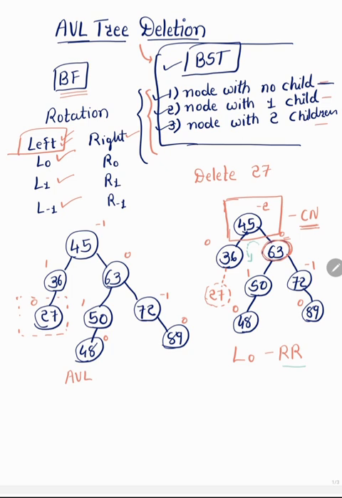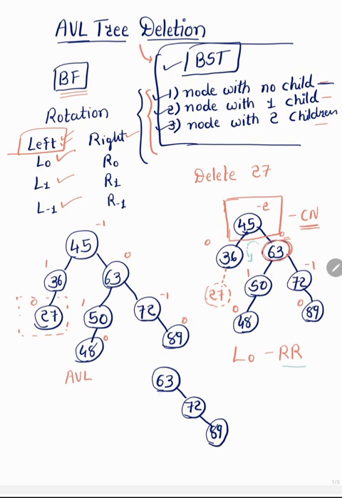So what I'll have is, if I rotate this 45 towards the left, that means 63 will become my root node. The right child of 63 will remain as it is, 72 and 89.